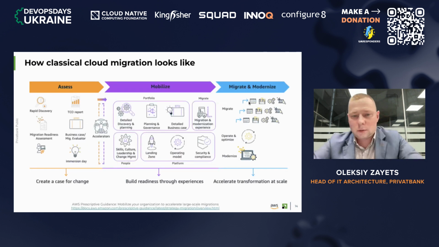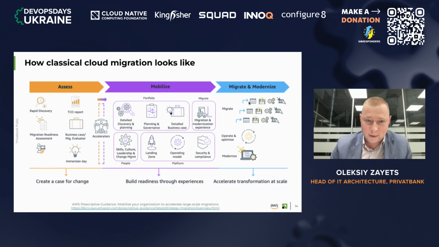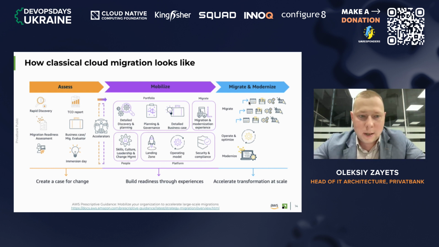When we started to migrate, we asked AWS, as our partners and consultancy, how to do such a complex and big project. And the answer was, you see the diagram on the screen. Such a complicated diagram. We had to assess, calculate TCO, perform a business case.